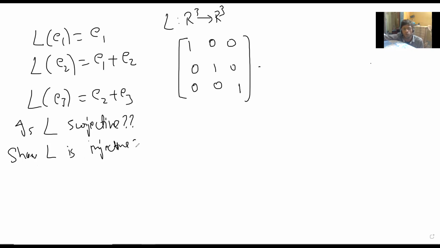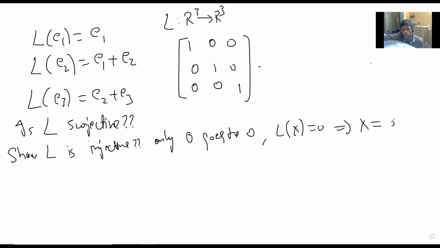Yes, that's what we want to show. So only 0 goes to 0, or Lx equal to 0 implies x equal to 0. They're all the same things.